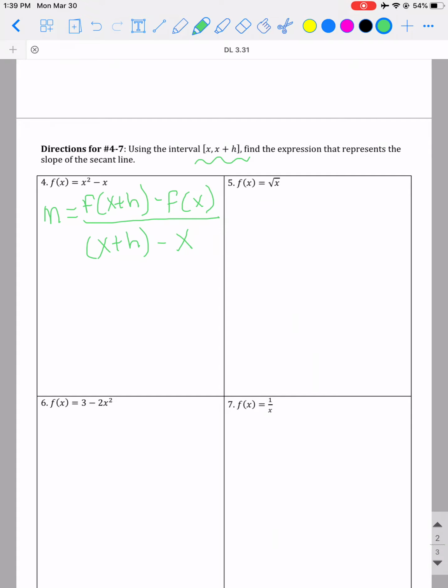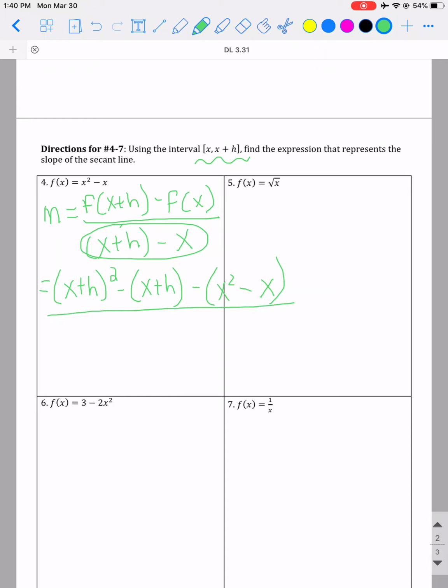Okay, so my next step would be to go into the function, and I'm going to find f of x plus h is going to be x plus h squared minus x plus h, then minus f of x, so minus x squared minus x, and I can simplify this denominator. So x plus h minus x is just going to give me h.